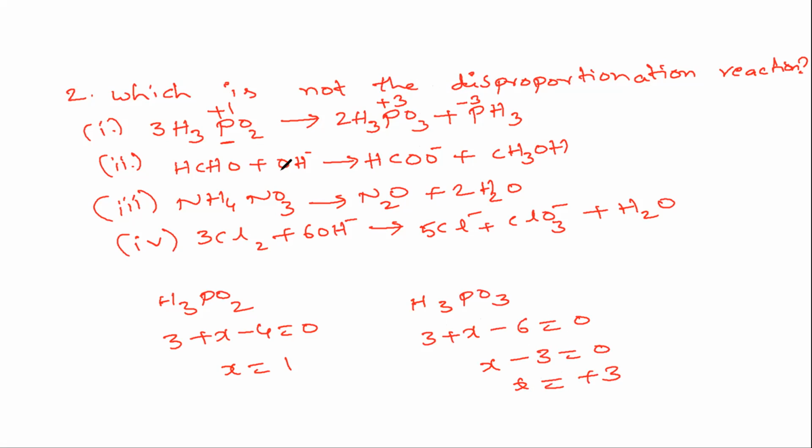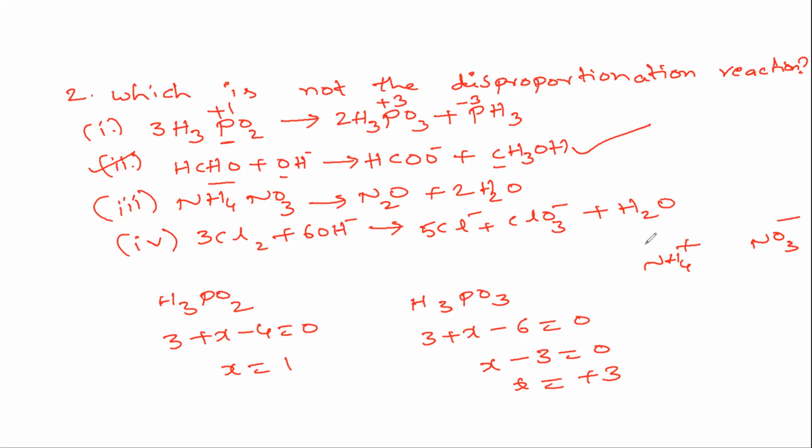Second one, HCHO plus OH minus gives us HCO minus and CH3OH. Here there is no change in oxidation states, so it is not a disproportionation reaction. So the answer is the second option. Third, also nitrogen, NH4 plus and NO3 minus.